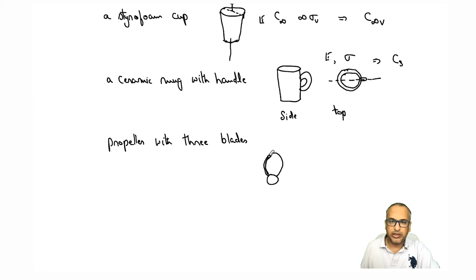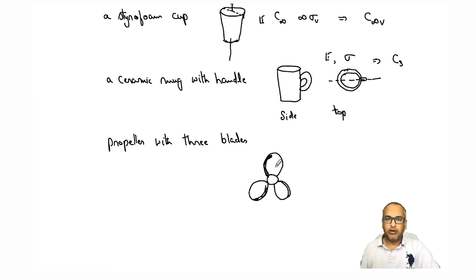So let's draw that thick, right? And this part, let's say, is going behind the plane of the board. Likewise, that's how it will propel. All the blades will not be in the plane of the board, so there'll be a little twist to the blades. That's how it will propel.